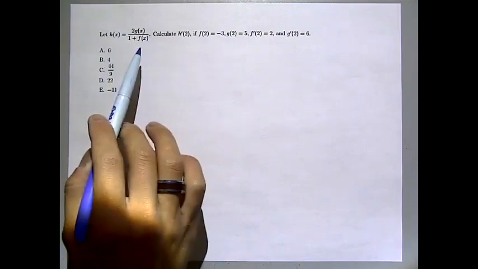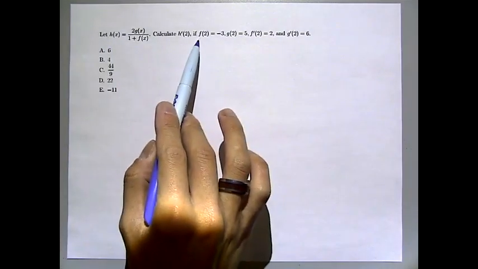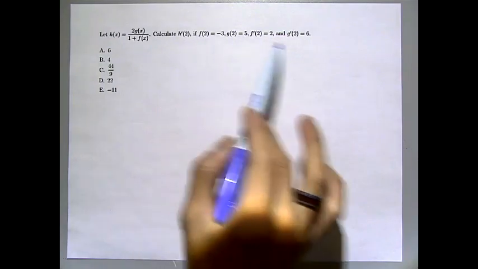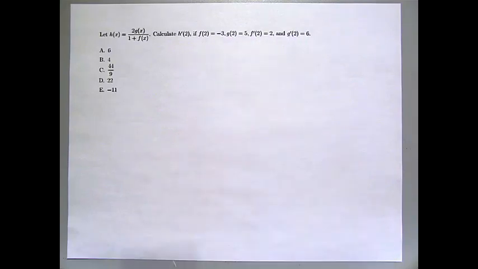Okay, we don't know what f and g are, but we know a little bit about them. We know f at a certain location is equal to this. We know its derivative at the same location. We know g and its derivative at a certain x value, 2.